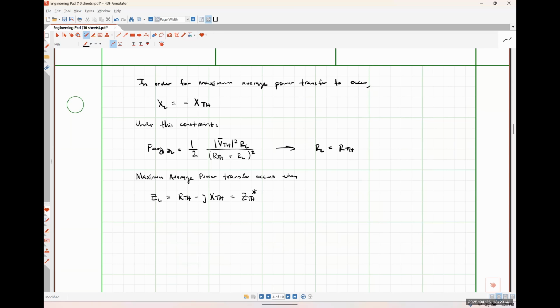So that forces the resistances to be the same while canceling out the reactances that lower our average power. Okay.